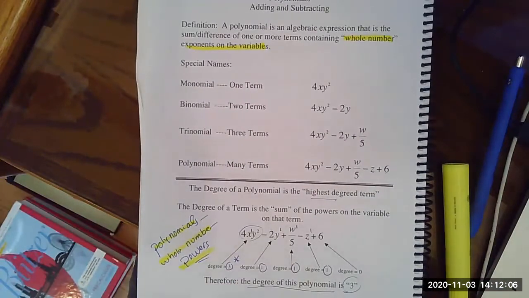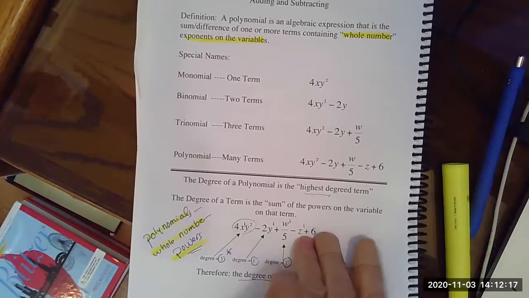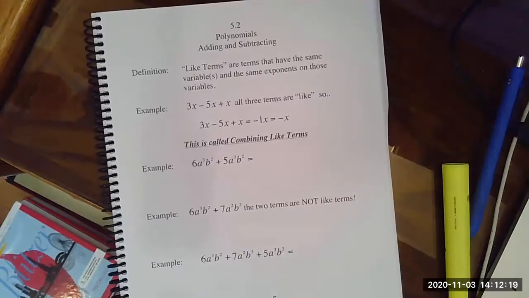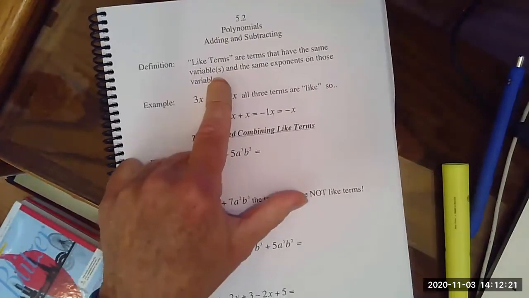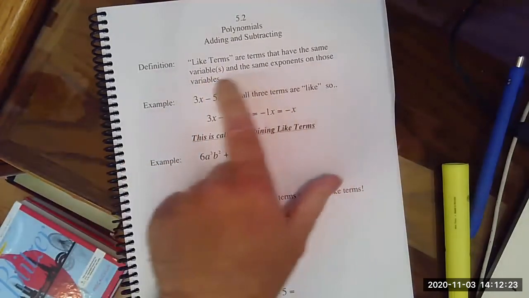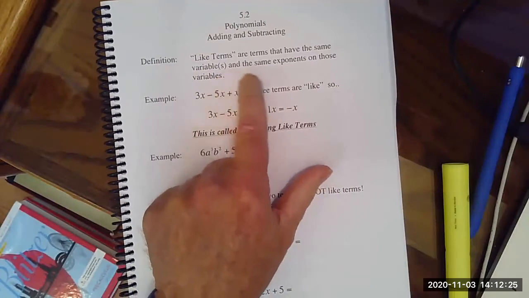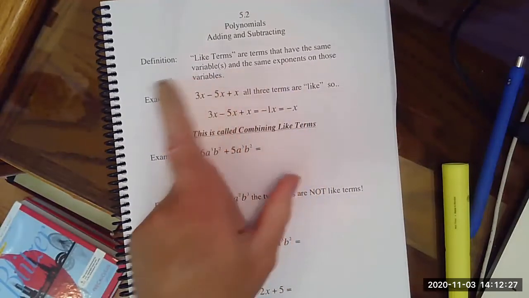Okay, so we've got polynomials, and now in this section we get to add or subtract them. We call it combining like terms if they are in fact like. So like terms have the same variable. They also have the same exponents on the variables.